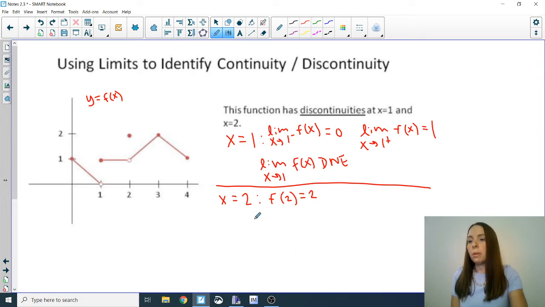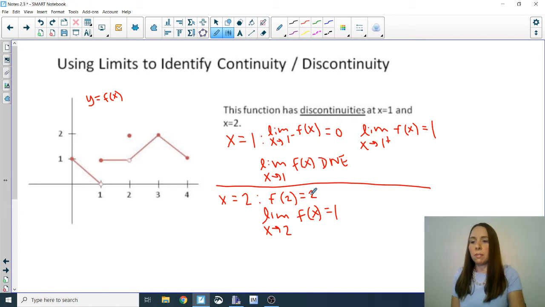However, what we can see here, and I don't think we need to spend time breaking this one up into left and right, because it's pretty clear that both from the left of x equals 2 and from the right of x equals 2, you are approaching the same y coordinate, and that is 1. So I'm just going to write that as the limit as x approaches 2 of f of x equals 1.